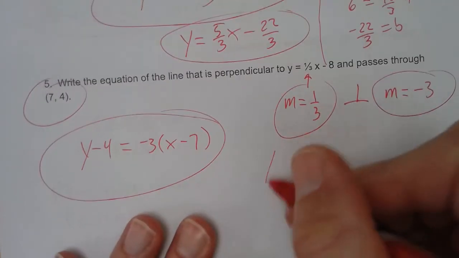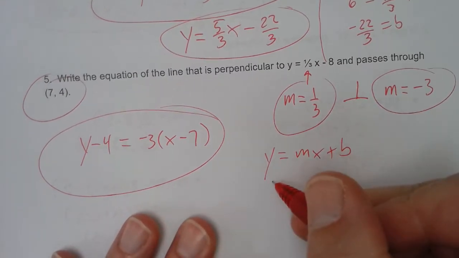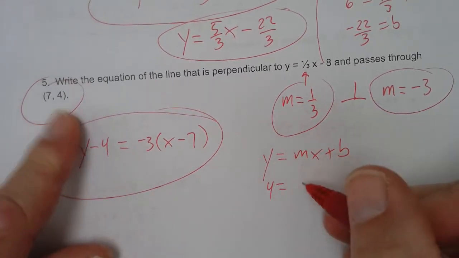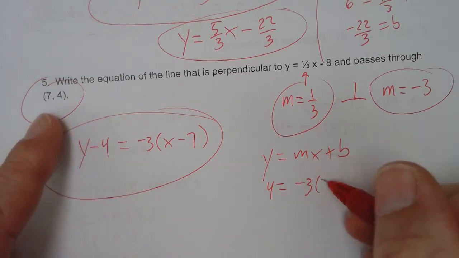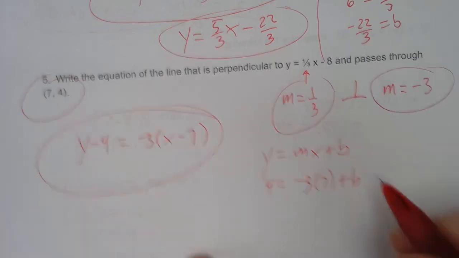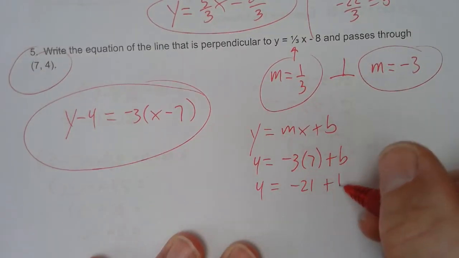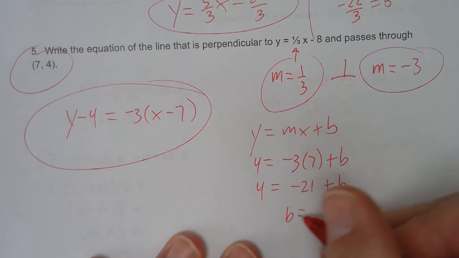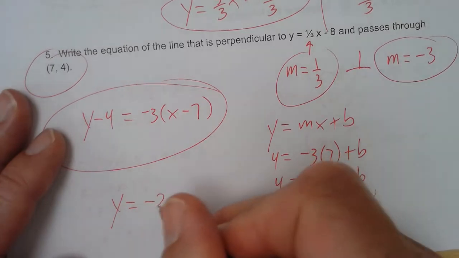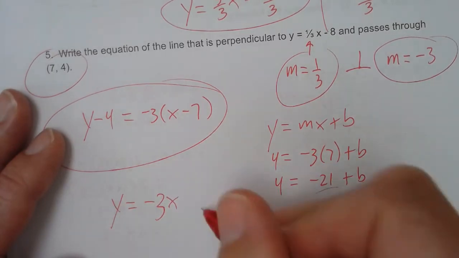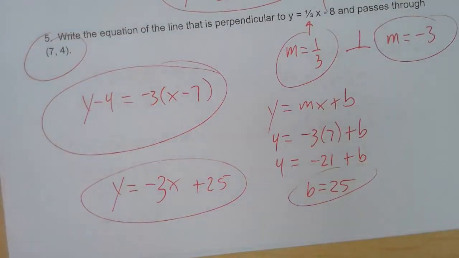If you're doing it in y equals mx plus b form, then we would put y is the 4, m is -3, 7, and then b. So 4 is equal to -21 plus b. Add the 21 over, b is 25. So believe it or not, y is equal to -3x plus 25 is the same answer as that one.